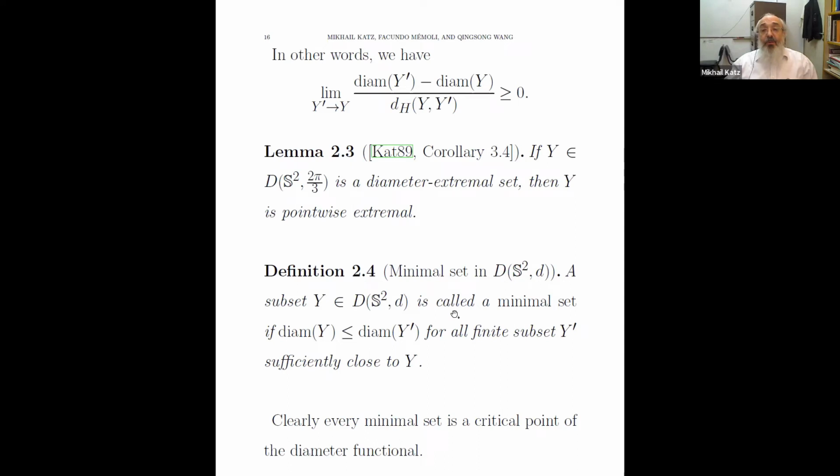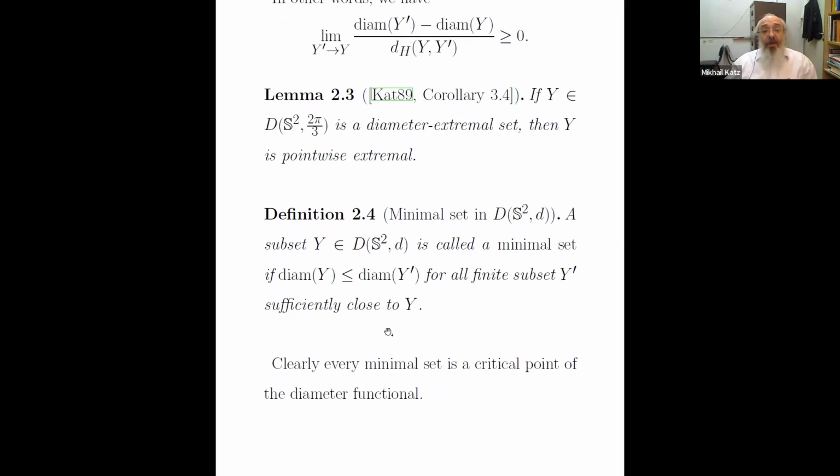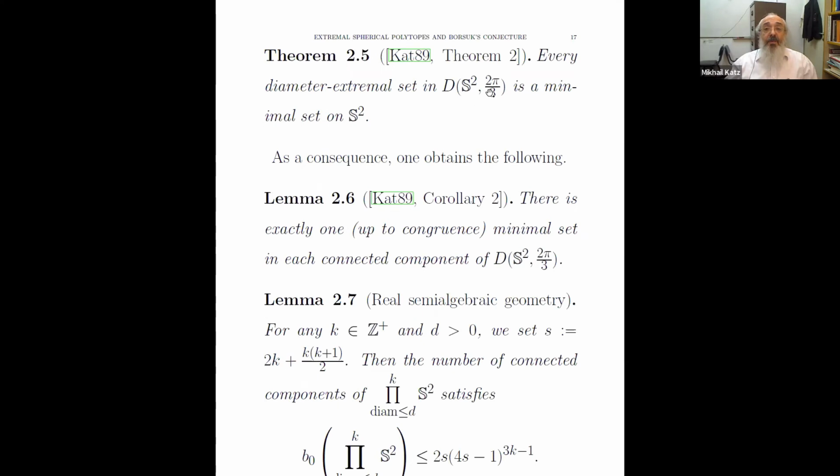Let's give another definition. A subset is called literally a minimal set if its diameter is literally less than any nearby set. And then it turns out that, if you look at this magic value, 2 pi over 3, which is the first accumulation point of critical values, then every diameter extremal set is actually a minimum.